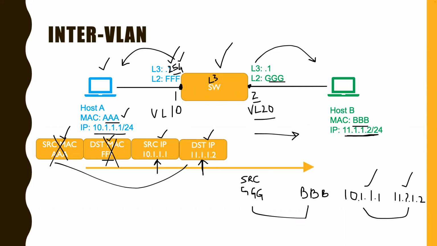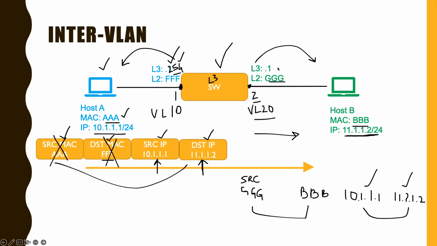Gaurav, why is it changing the source MAC? Source MAC, why is it changing? Because this MAC is relevant or known within a segment only. Here my layer 3 segment is being changed.